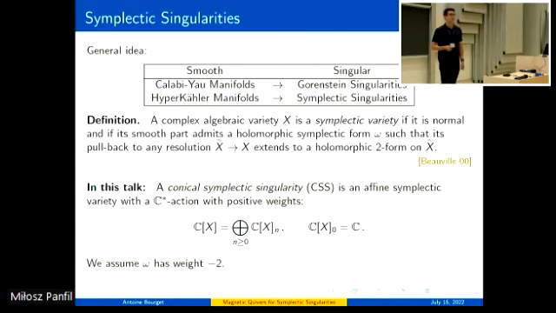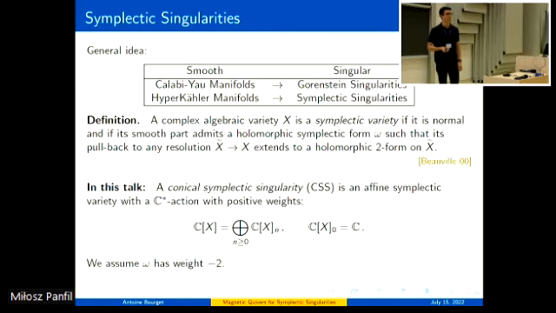So let's start with what it is. So the general idea is just that symplectic singularities are the singular version of hyperKahler manifolds. If you're more used to Gorenstein singularities in Calabi-Yau, this is exactly the same. Symplectic singularity is to a hyperKahler manifold what the Gorenstein singularity is to a Calabi-Yau manifold.